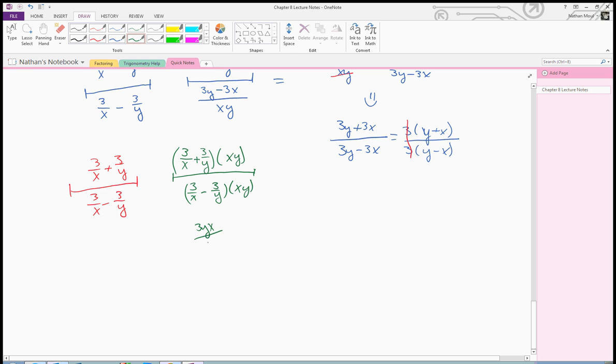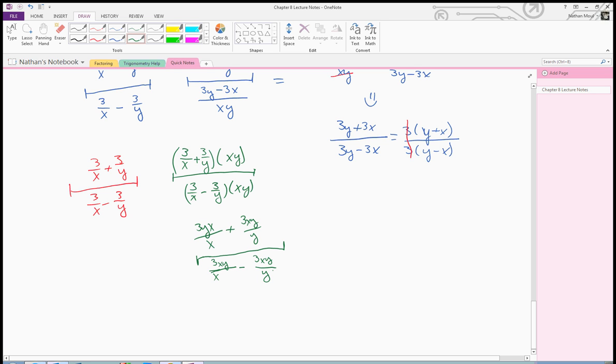I'll show you this. x plus 3xy over y, all over 3xy over x minus. In the beginning when I said that this would be xy over xy, please disregard that, simply because I was thinking of yet another way to do these, which even makes my head hurt to think about.